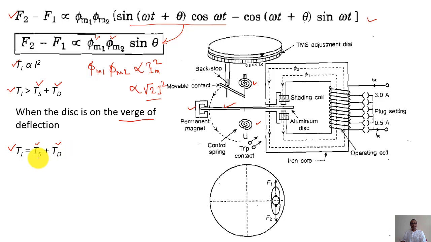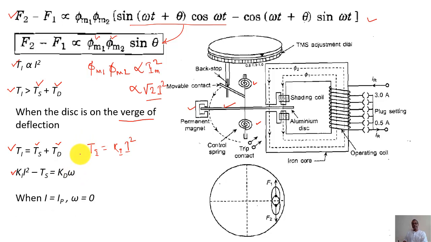Okay. So now I can write Ti is directly proportional to I square, so I can write Ki I square minus Ts equal to Kd omega. So I have taken here Ti equal to Ki I square. Okay. So Ki I square minus Ts equal to Kd omega.